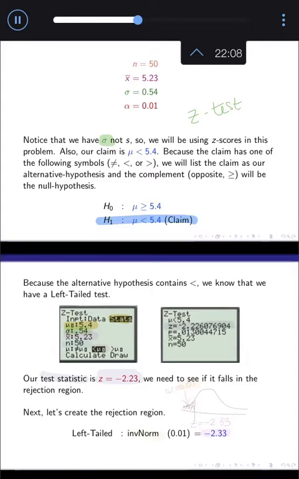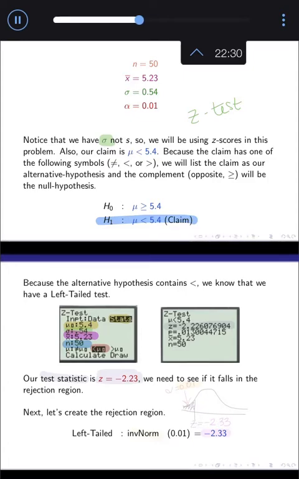The sample mean given in the problem was 5.23, and the n was 50. And the alternative hypothesis, which tells us whether we have a left-tailed, right-tailed, or two-tailed test, was a less than, which tells us we have a left-tailed test.